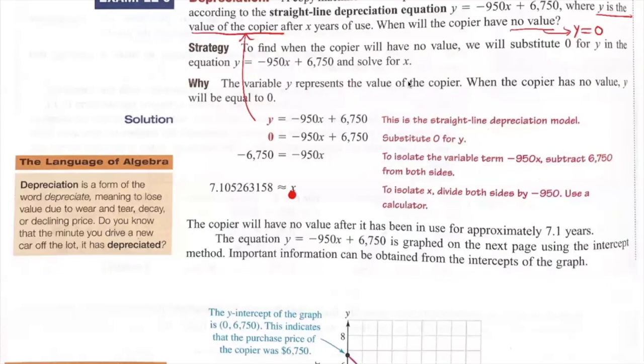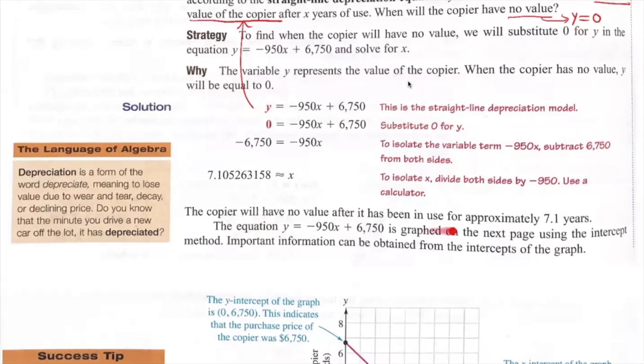So we get X is about this number. If I only keep one decimal place, that's about 7.1. Remember, for a word problem, the last step is to write a complete sentence. The copier will have no value after it has been in use for approximately 7.1 years. So that answers the question.